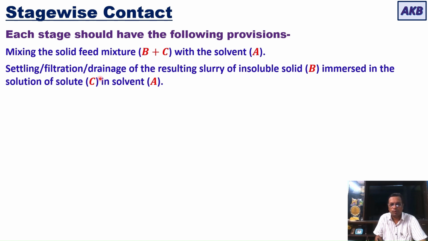So there should be provision for one of these three in the stage. First there should be provision for mixing, and then provision for settling, filtration or drainage.